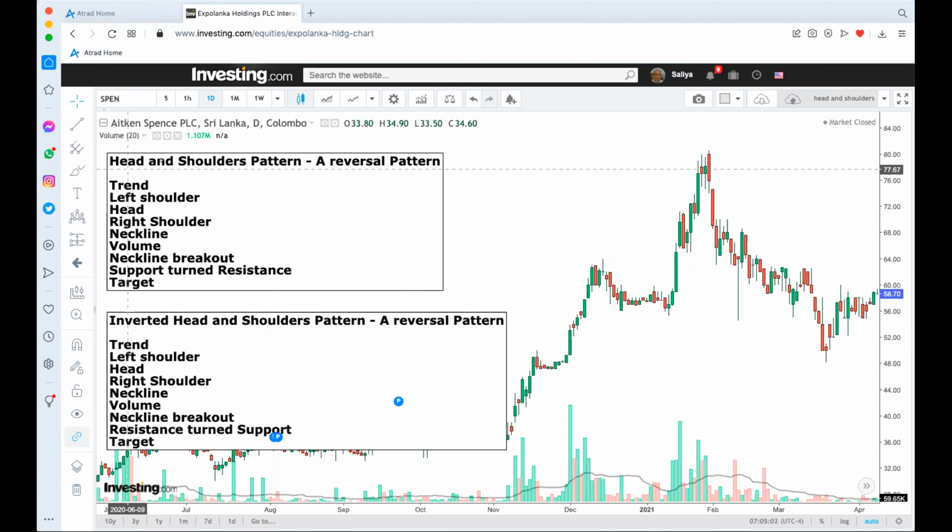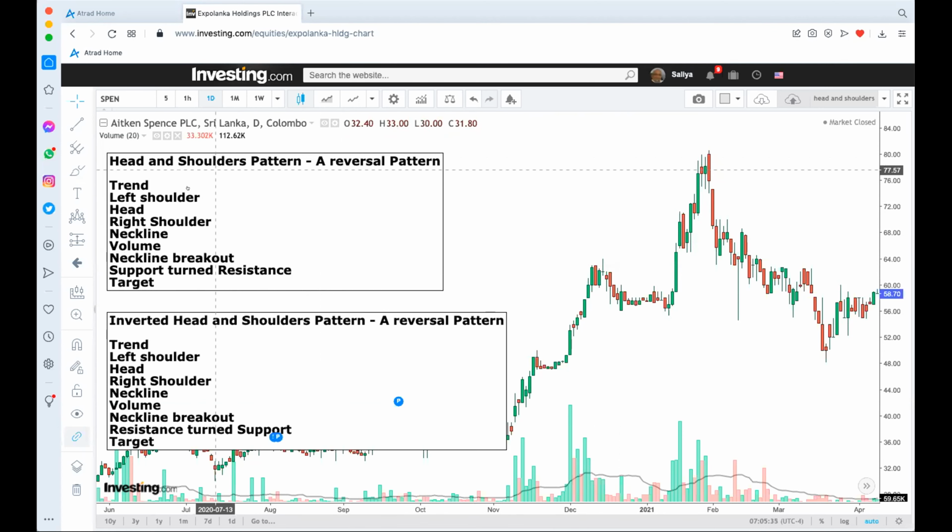Now, the head and shoulder pattern, which is called the regular head and shoulders pattern, we must understand is a reversal pattern. In other words, head and shoulders is a formation that you will spot in a trend reversal in an uptrend. Therefore, first, the trend has to be intact, meaning the trend has to be an uptrend. Thereafter, we will see the formation of this pattern.